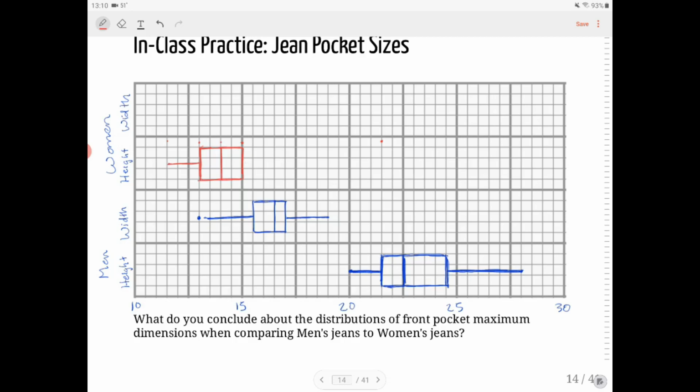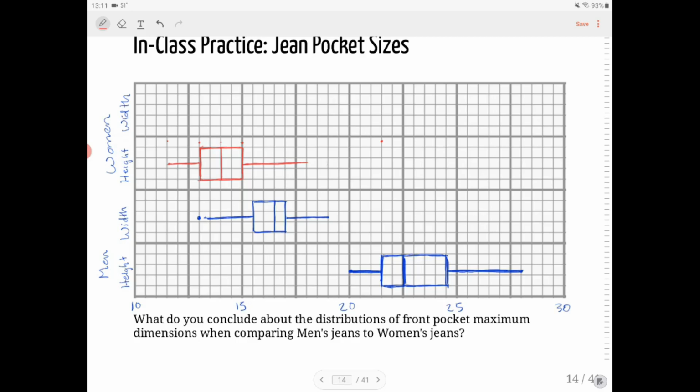On the other side, we can go up by 1, 2, 3. And that's where our whisker stops. And I did have to flip back to the other slide for this, but we have 2 outliers at 19.